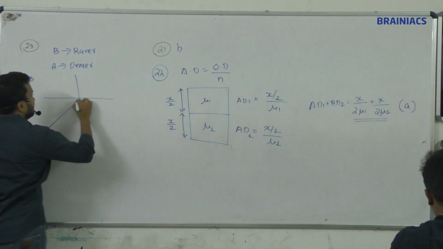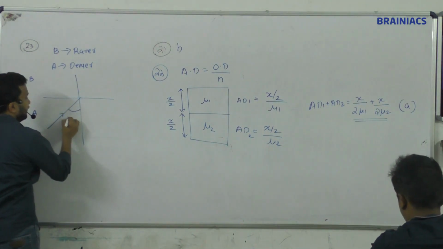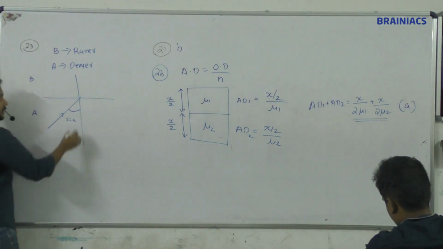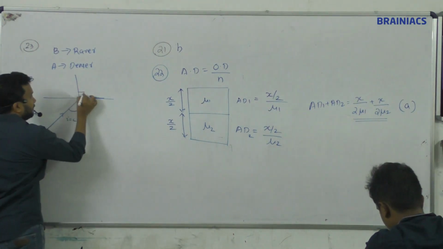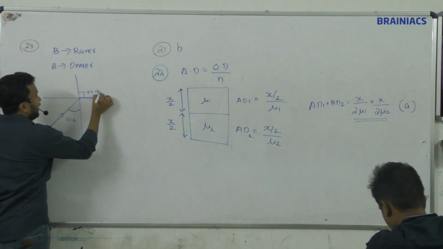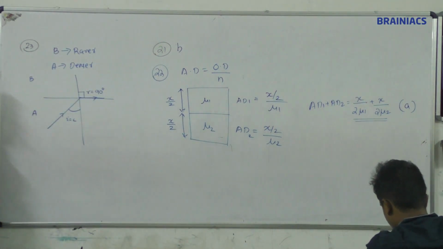Critical angle means the angle of incidence I is equal to C at which the refracted ray grazes over the surface, which means R is equal to 90 degrees. This is theory. Now we'll apply Snell's law.